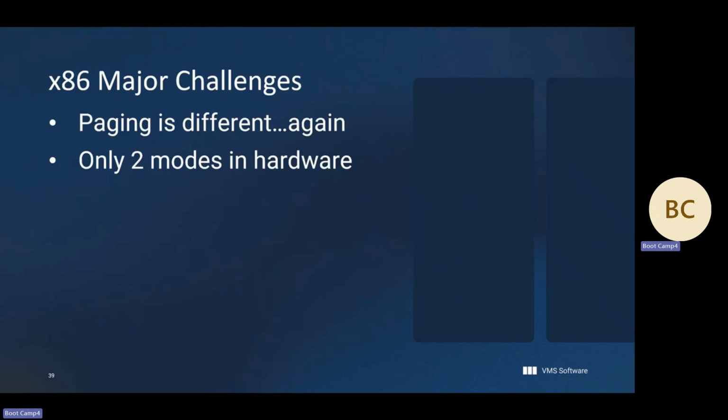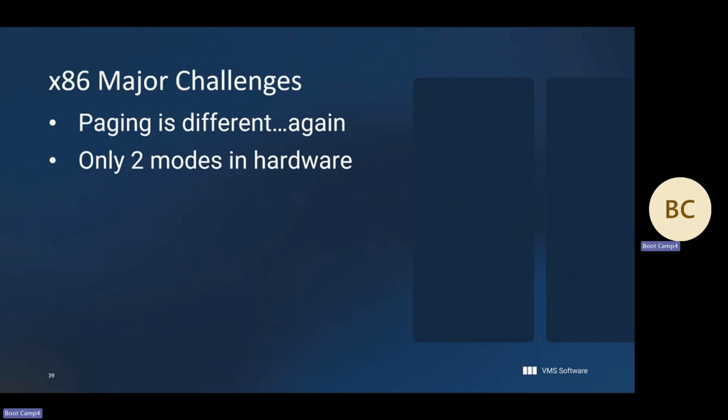x86 brought its own challenges. Now, I had the advantage of looking back at Itanium and Alpha to see what was done. With x86, we had to figure out how to do it without much help. There were 2 major challenges.